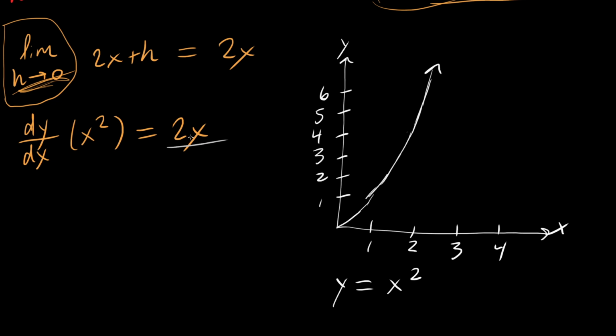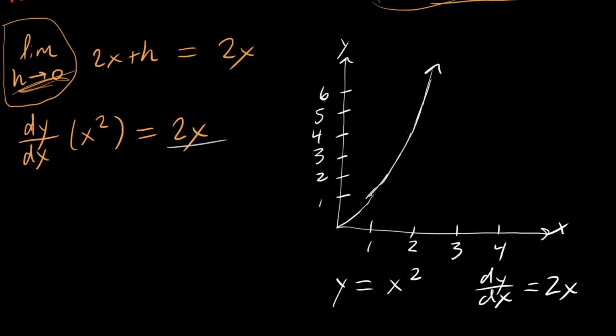Yeah, so then now the derivative dy dx is equal to 2x. So then let's see what value we get whenever we plug in 1 for x. So what is dy dx, or the slope at x is equal to 1?